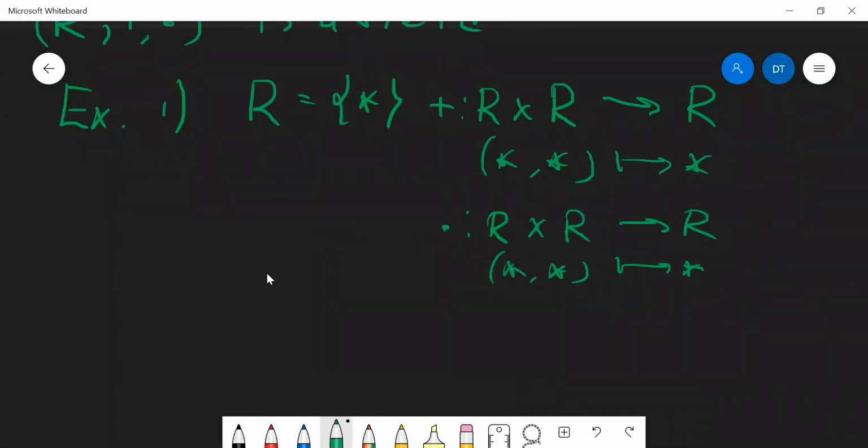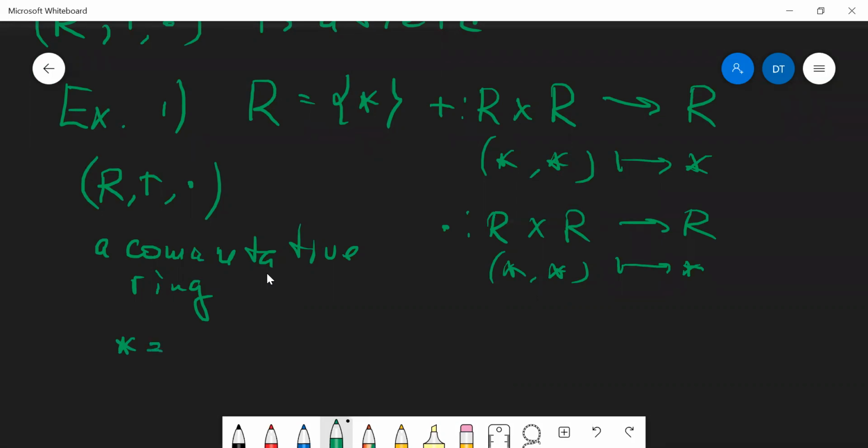Well, what I'm saying is that this triple defines a ring. And actually, this is a commutative ring. In this case, the element star is the same element as the neutral element with respect to addition. You see, when you add this guy to this guy, the result is exactly the same.